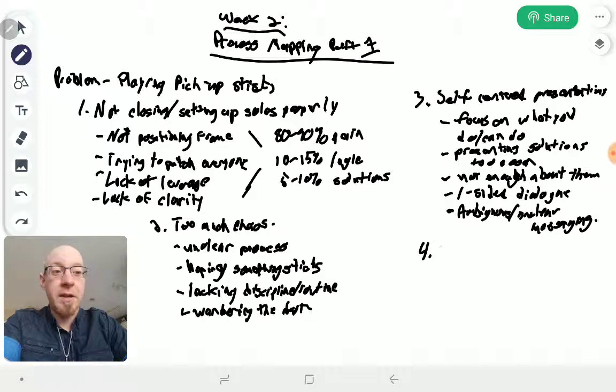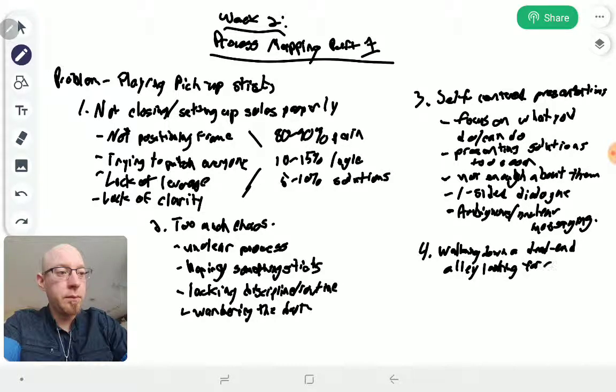The other thing is you're walking down a dead end alley, looking for a door. What does that mean? Messaging is inconsistent.